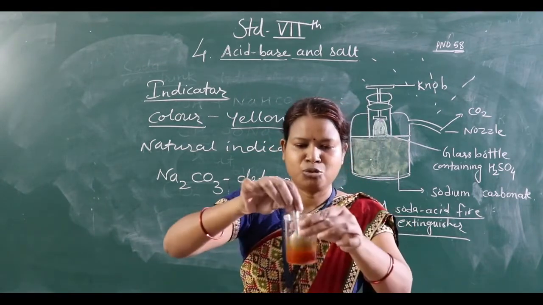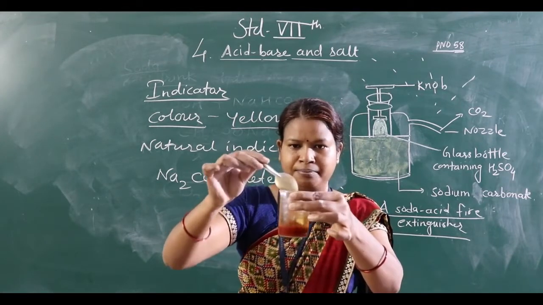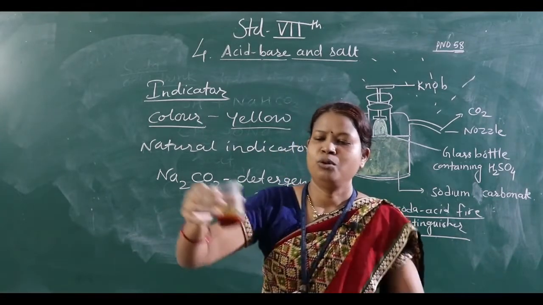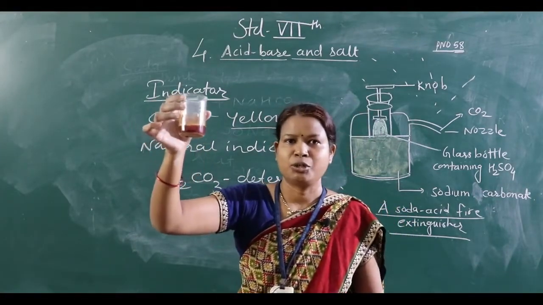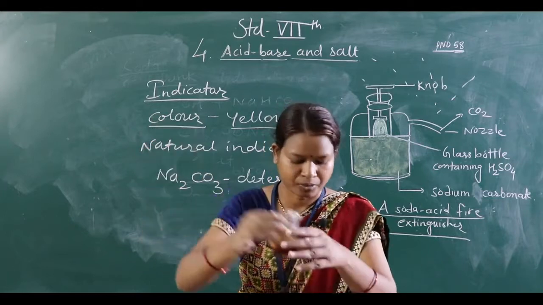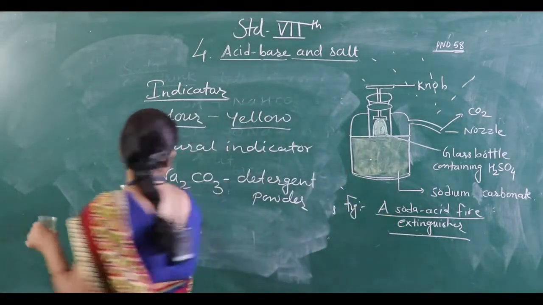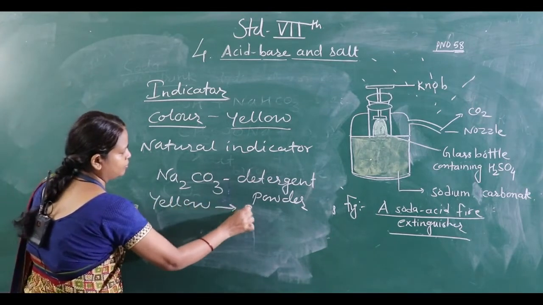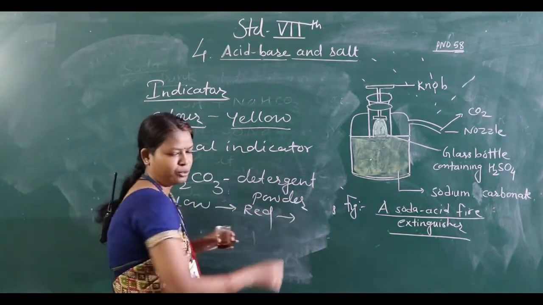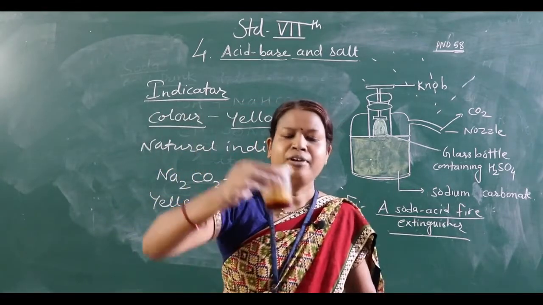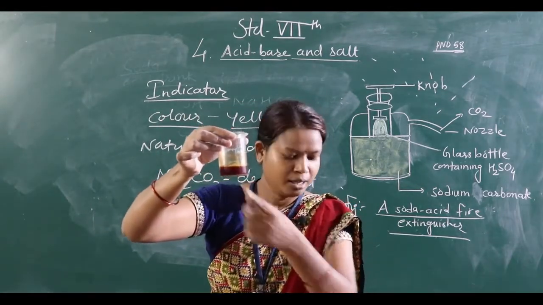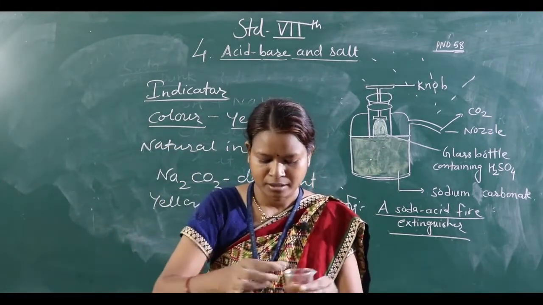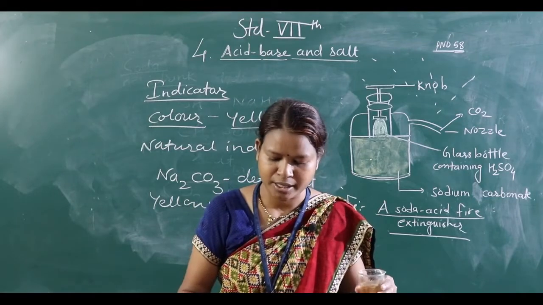See the change in color, students. This yellow color changes into dark red color. Again, what will we do? Now we add some acid into it. At present I have this lemon juice, and you all know that it is acidic, sour in taste.